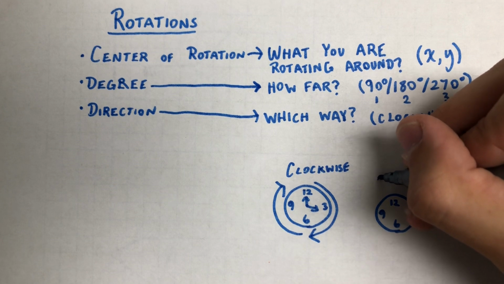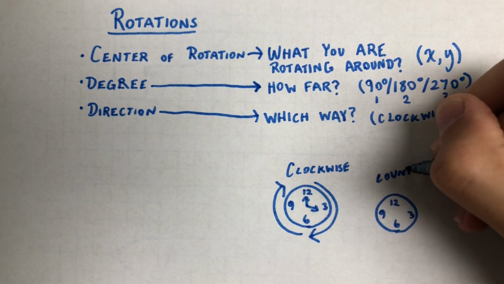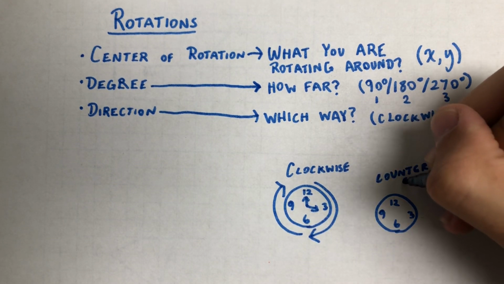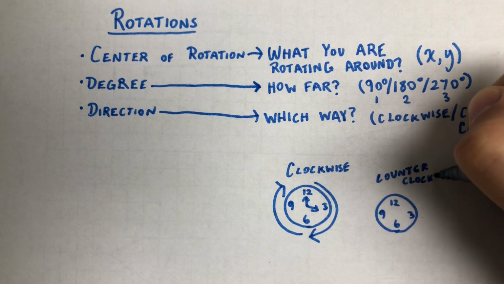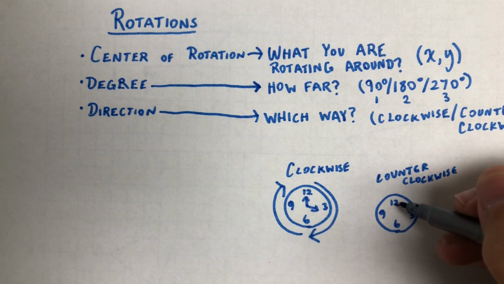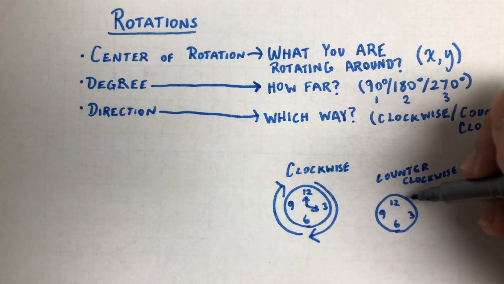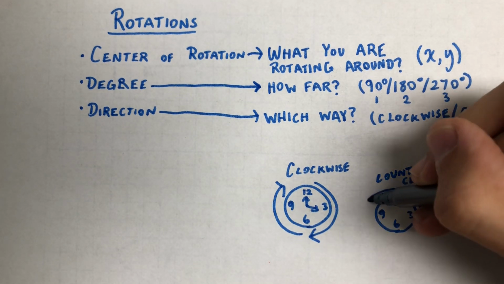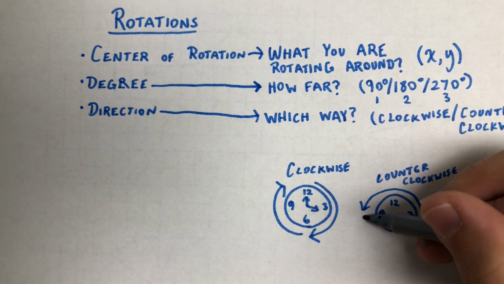This is counterclockwise. All right, if we start going the other direction, so instead of going from 1 to 2 to 3, maybe I'm gonna go this way around the circle.